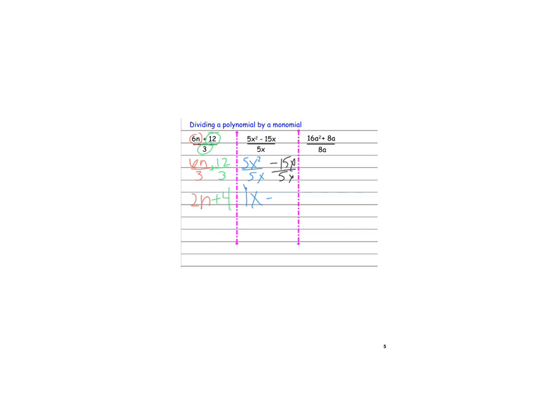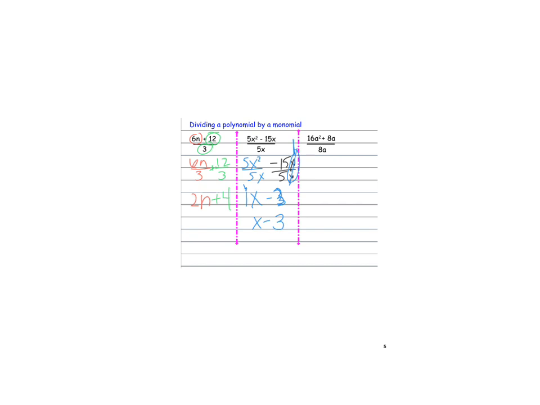And then minus 15 divided by 5 is 3, and then we have x divided by x, which we said anything divided by itself equals 1. So this is 1, but when we do 3 times 1, it doesn't make or break it. So we kind of just say that this cancels out. So our final and best answer is going to be x minus 3.